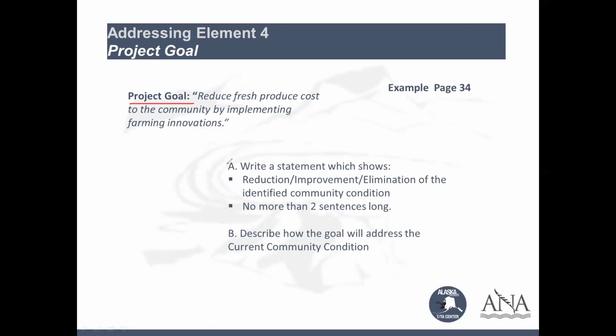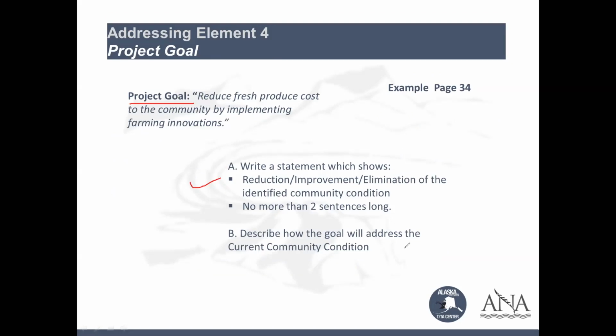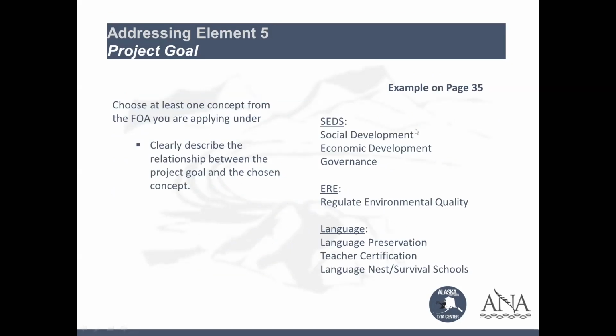So you're going to write a statement which shows a reduction or improvement to the condition, and then describe how the goal is going to address that condition. And again, you want to talk about how this project was chosen and its relationship to the funding opportunity that you are applying under.